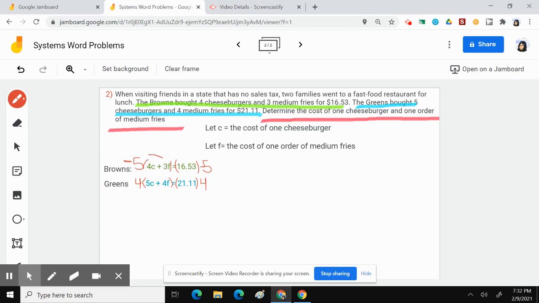And then I'm going to distribute, and I'm going to distribute, and we're going to end up rewriting these equations. Right now when I do negative 5 times 4C, this is going to be negative 20C. When I do negative 5 times 3F, it's going to be negative 15F. And then I'm going to do 16.53 times negative 5, and I'm going to get negative 82.65.